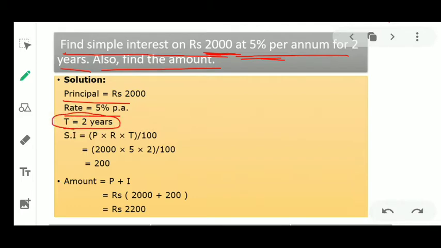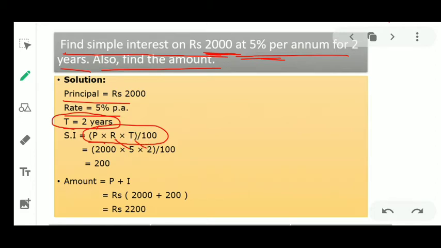Now we will calculate simple interest. As we know, the formula of simple interest is P into R into T by 100. Now put the values of all these three, that is P, R, T. P equal to 2000, that is given, and R equal to 5, T equal to 2.